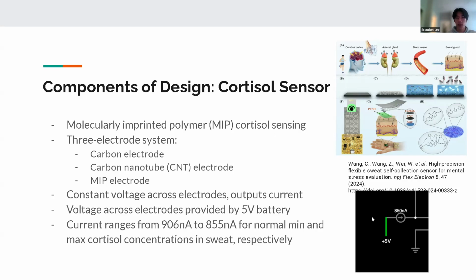As you can see in the bottom right, there is a simplified model where a constant voltage of 5 volts is passed through the electrode and a current is outputted. The current ranges from 906 nanoamps to 855 nanoamps for the normal, minimum, and maximum cortisol concentrations in sweat, respectively.